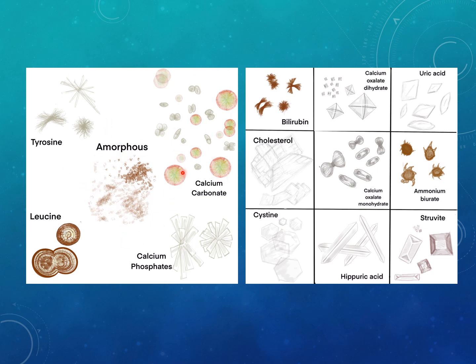Calcium carbonate, calcium phosphates, bilirubin, remember we talked about those before, calcium oxalates, uric acid or urates, cholesterol crystals, calcium oxalate monohydrate, ammonium biurate, cysteine, hippuric acid, and struvites. Just note that there are two different types of calcium oxalate: calcium oxalate monohydrate and calcium oxalate dihydrate.